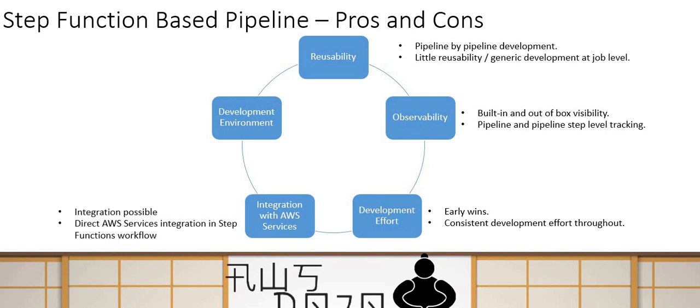One of the best parts of using this approach is that Step Functions provides out-of-the-box integration with most AWS services. So if you want to integrate with other AWS services, it becomes very easy within Step Functions. For instance, one popular use case I have seen is that people want to track the success and failure of their ETL pipeline execution and be notified about it, especially if the pipeline is failing.